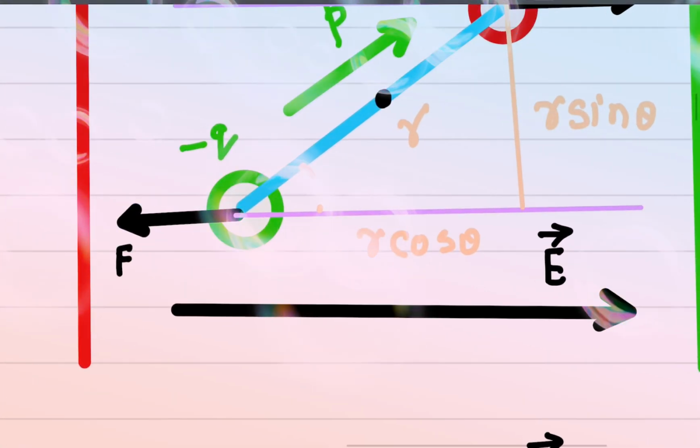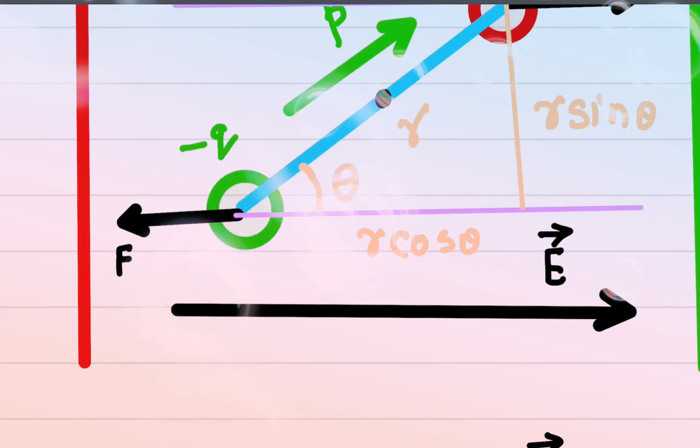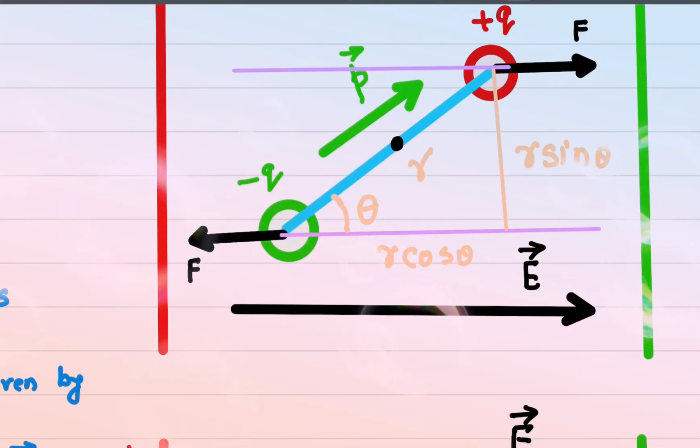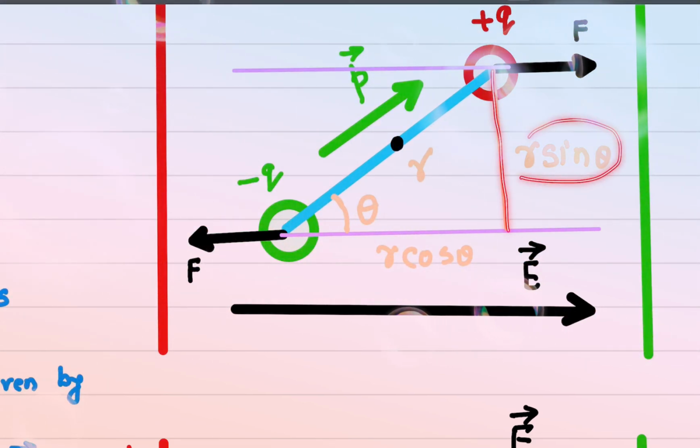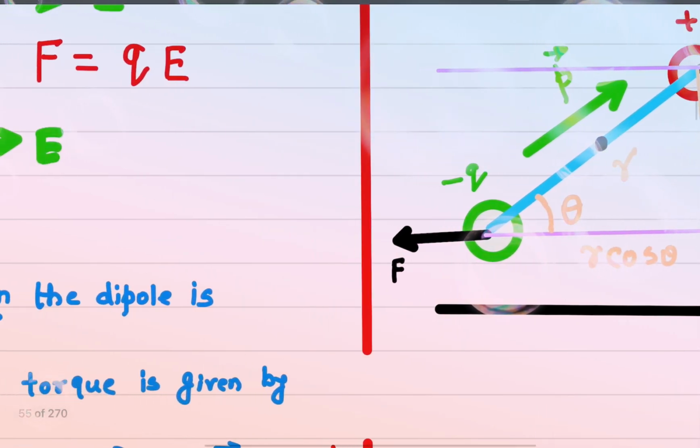Again, as I mentioned, theta is the angle between the R vector and the force vector. So this is the force and this is R, and this is the angle. And this R sine theta is the perpendicular distance between them.